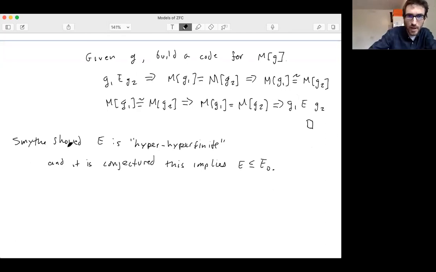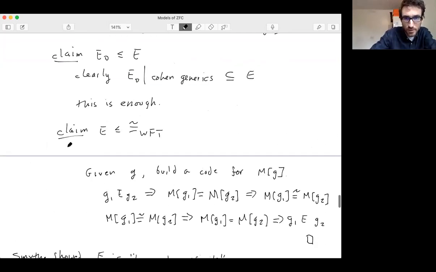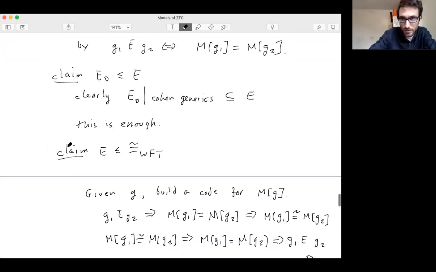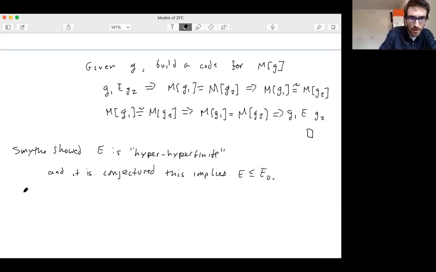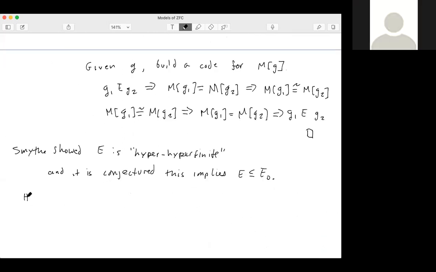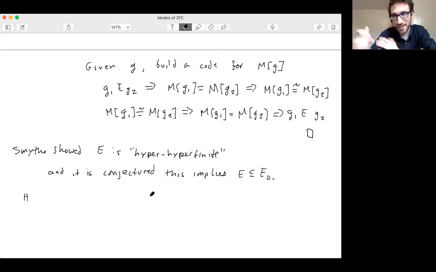Smith also analyzed the same equivalence relation, but for random reals. And he also showed, I'm sorry, can you say what's hyperfinite? Yeah, okay. No, it's in quotes. I don't need to say what it is.